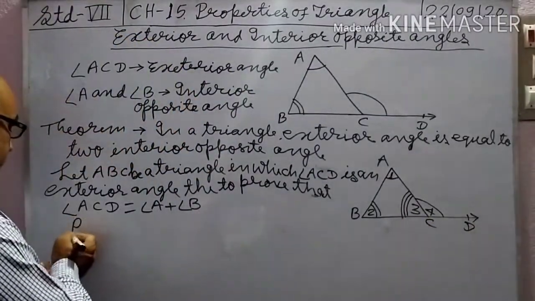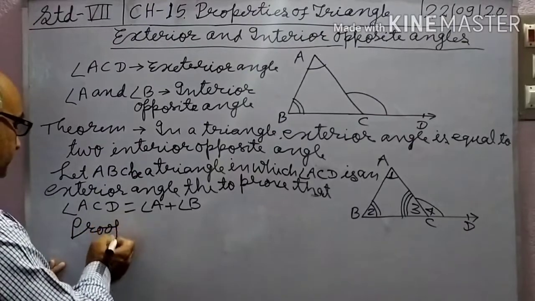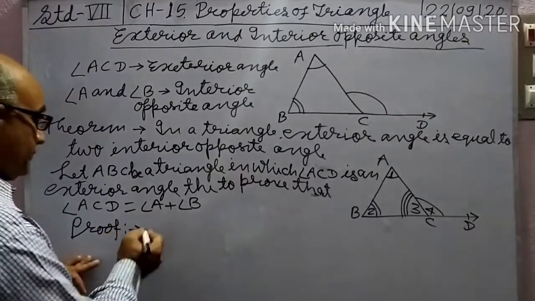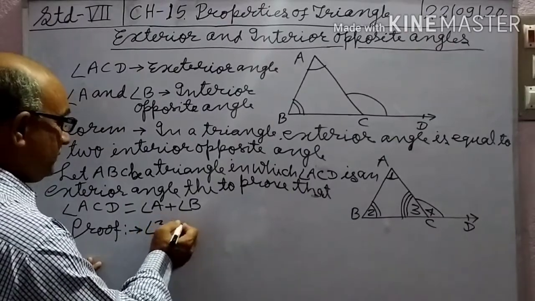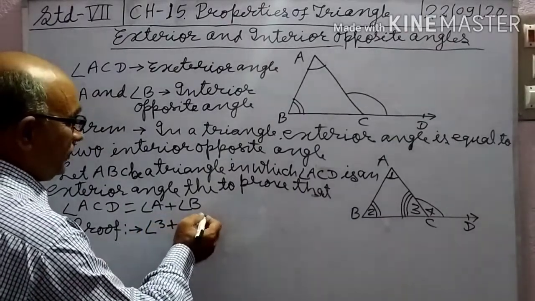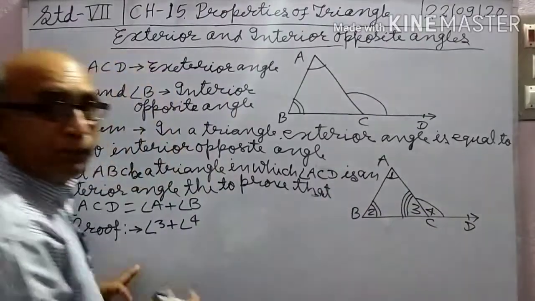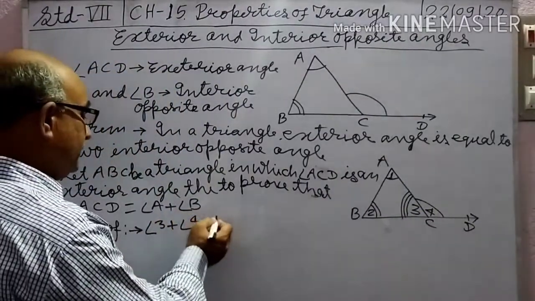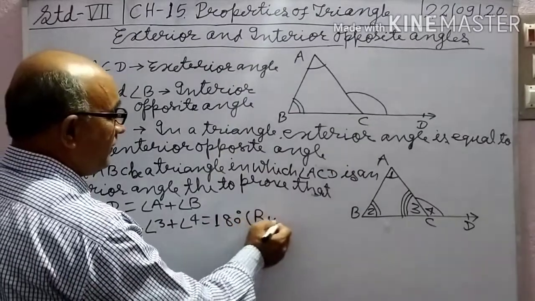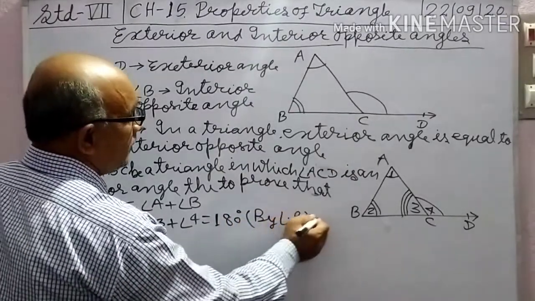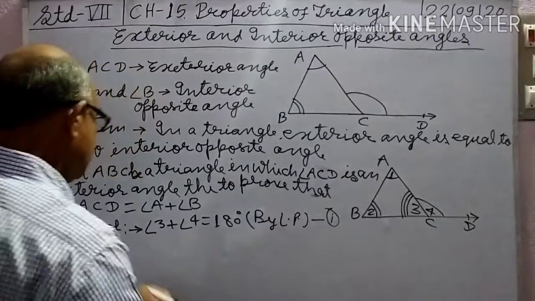Proof. Angle 3 plus angle 4 equal to 180 degree, linear pair. Equation 1.